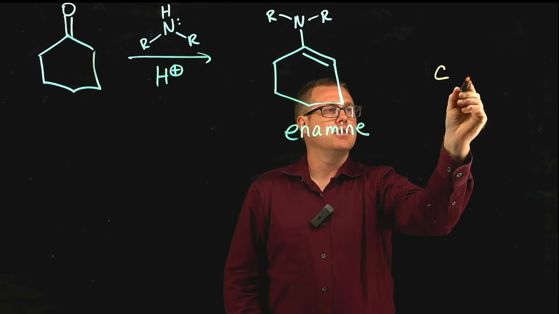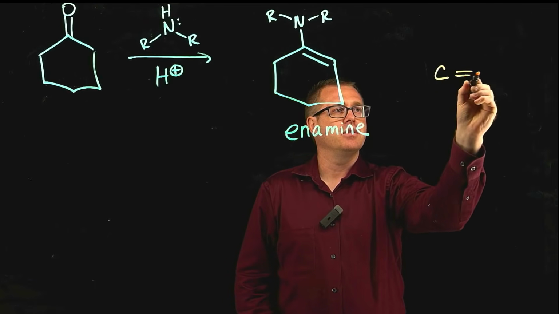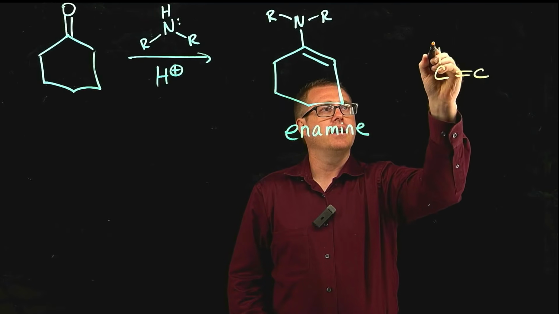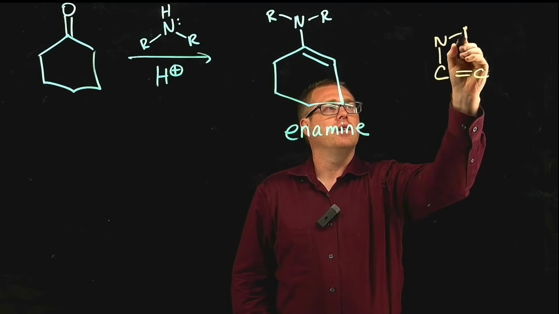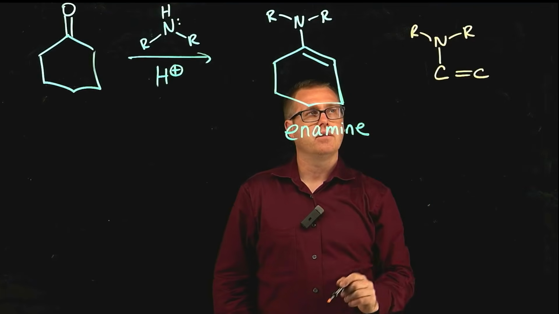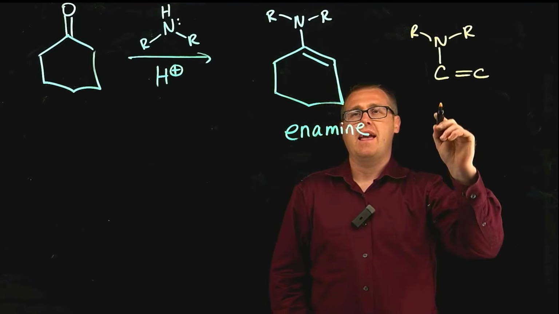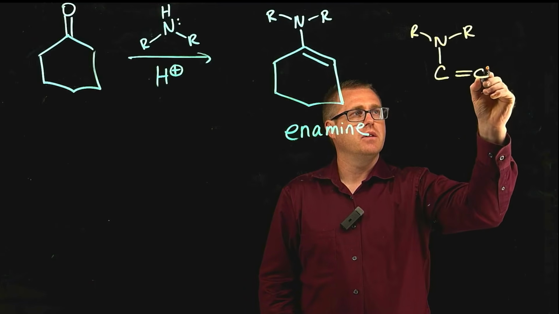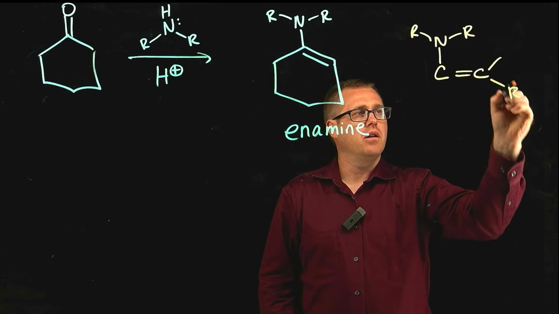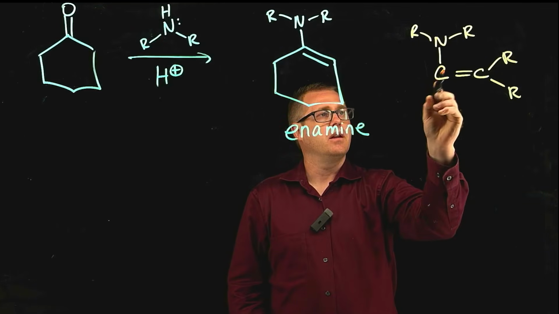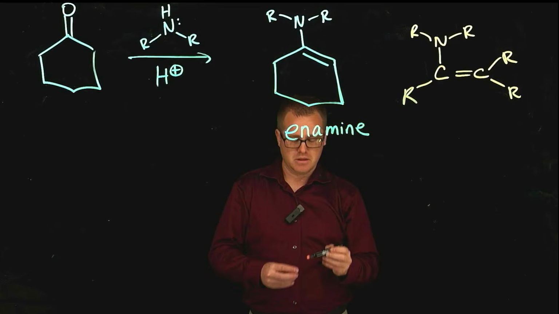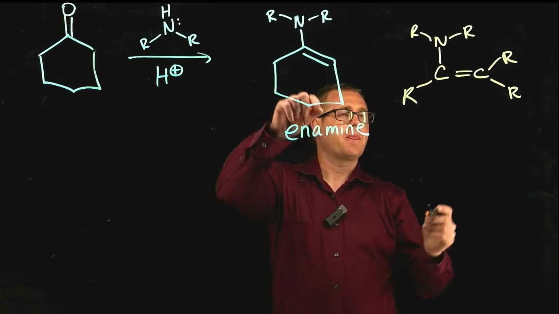And an enamine has a generic structure that looks like this. A carbon double bonded to a carbon, and that's going to be directly attached to a nitrogen, R. And then what else do we have here? That would be R and R. Okay. So let's take a look here.